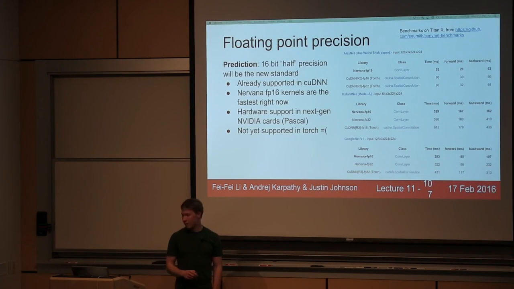The problem is that even if you can compute with 16-bit numbers very fast, once you get to 16 bits, you might be worried about numeric precision, because 2 to the 16 is not that big of a number anymore. There are not too many real numbers you can even represent.